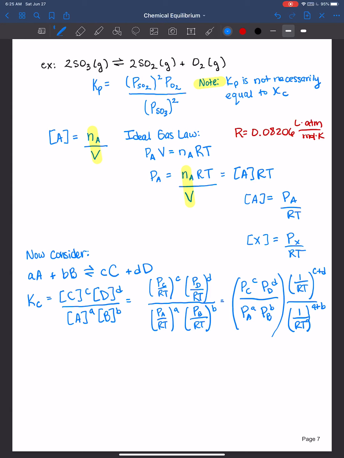As you can imagine, we can simplify this even further as just 1 over RT, but when they're divided, then you subtract them. So this is what it would end up looking like.